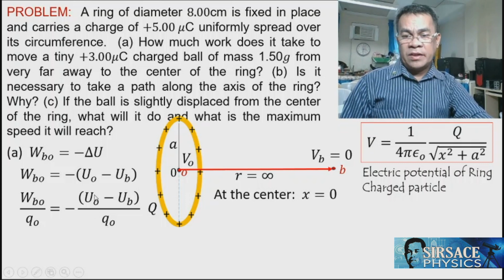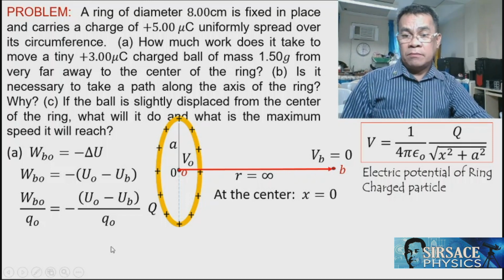Recall the definition of electric potential. Electric potential is defined as the energy per charge. So if you divide U naught by Q naught, it is the electric potential at that point. Therefore, the answer should be V naught, while UB over Q naught is the potential at point B.